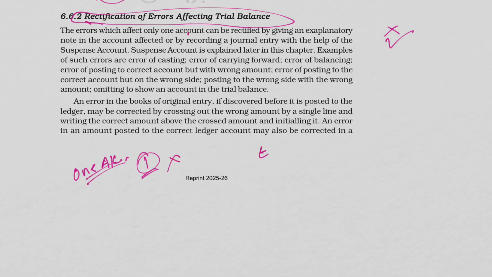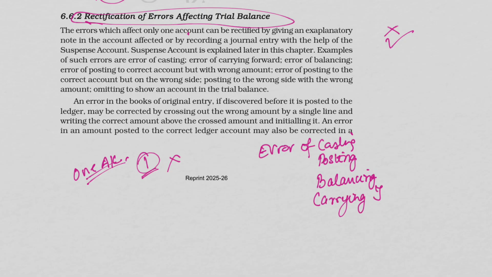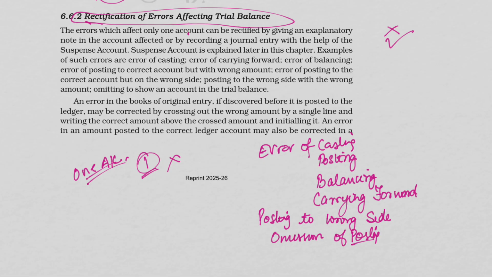Examples include error of casting, error of posting, error of balancing, error of carrying forward, posting to wrong side, and omission of posting. So let us understand this one by one.